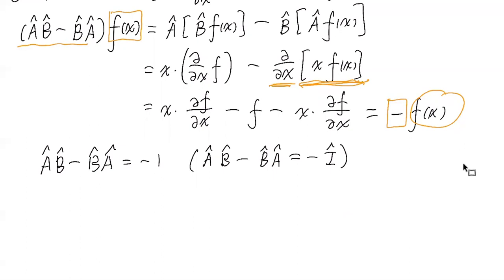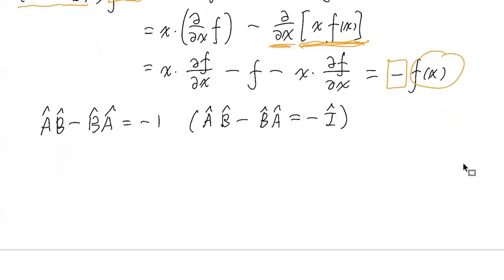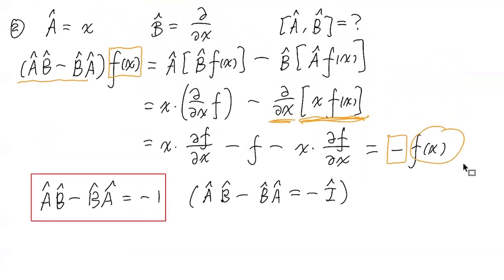Okay. So this is a very important property. Here we have x and d/dx. They do not commute. And the value of this commutator is equal to -1.